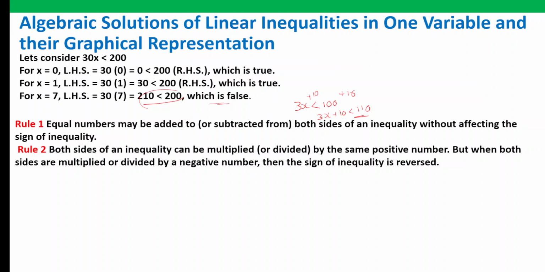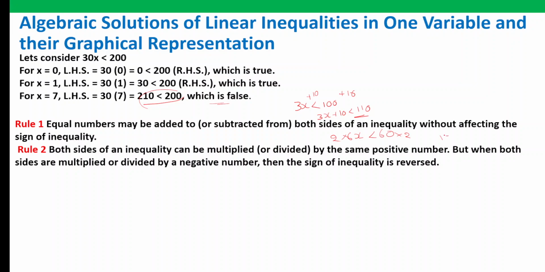Rule number 2. Both sides of an inequality can be multiplied or divided by the same positive number. Here we have to keep the words same positive number, not negative number. So when I say 6x is less than 60, now if I multiply both sides by 2, the sign will not change.